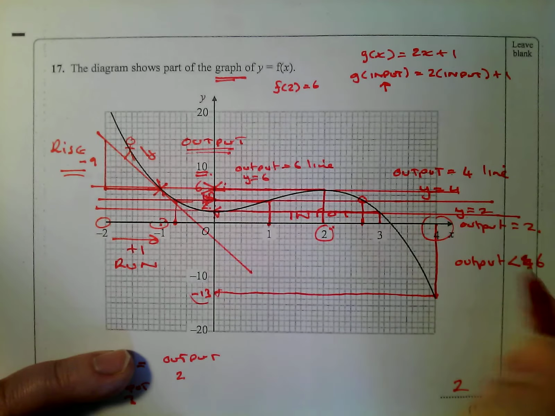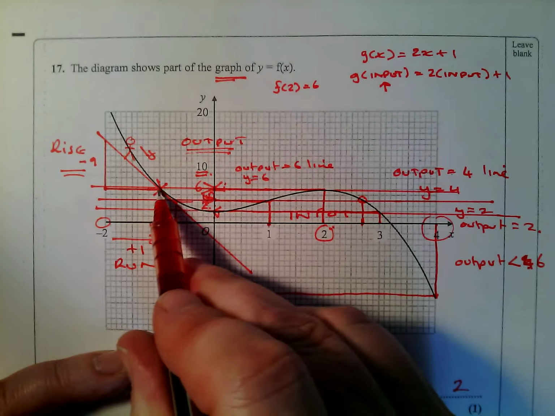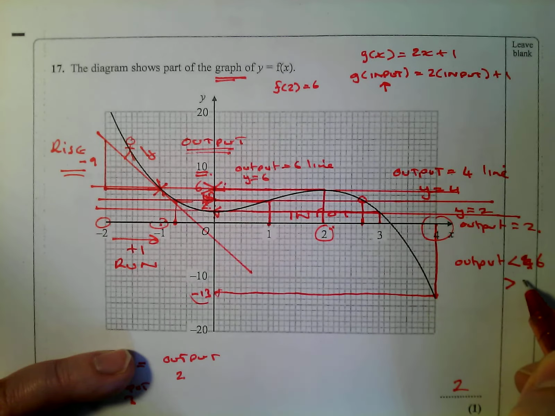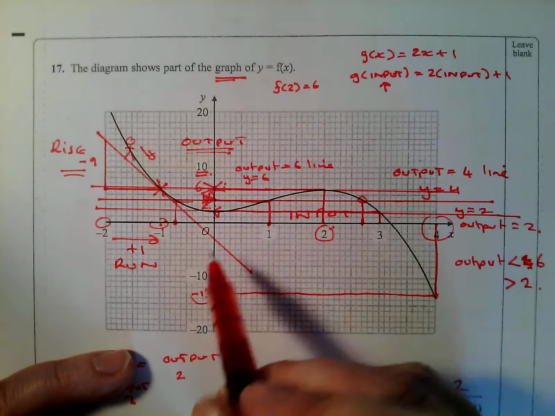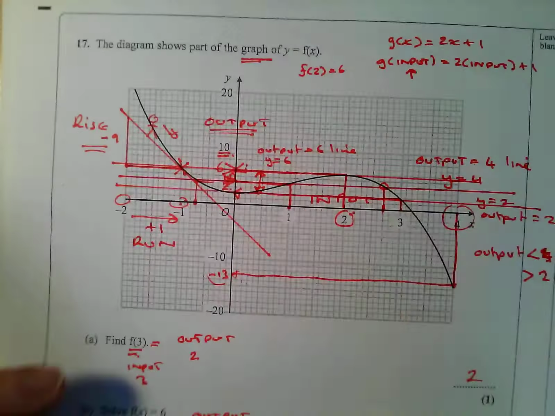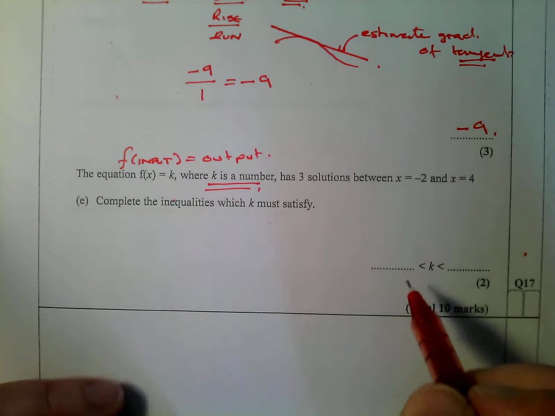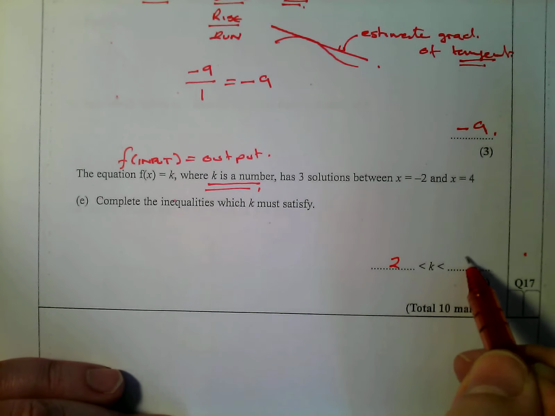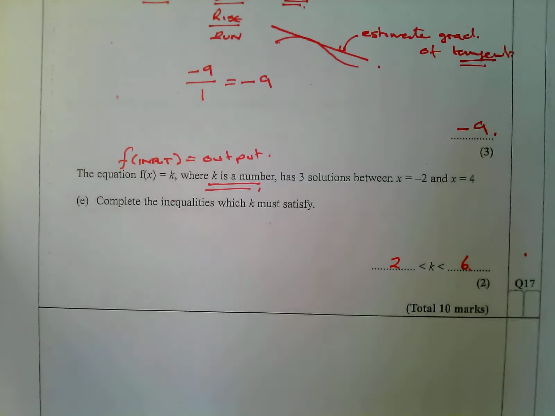But as soon as I drop below the y equals 6 line, the output equals 6 line, I'm in this region where you get 3 solutions, 3 points of intersection. Also, I believe that if you get to this point here, where the y equals 2 line is, I also only get 2 solutions.